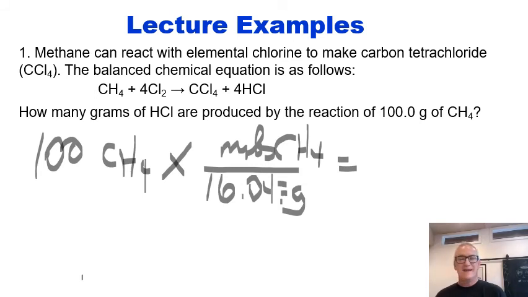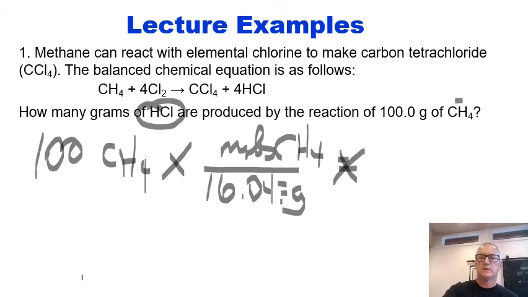So, next thing I need to do, I need to figure out what is the ratio of HCl to CH4, because now I need to know how many moles of HCl there are. I look at my balanced equation, and it says for every 4 moles of HCl, there's 1 mole of CH4 methane.